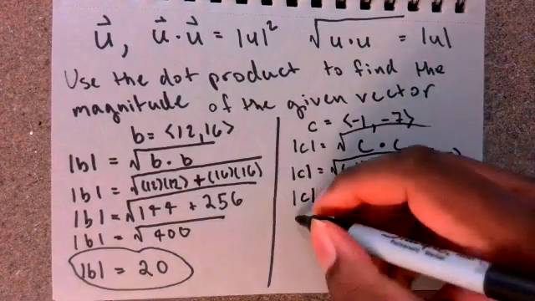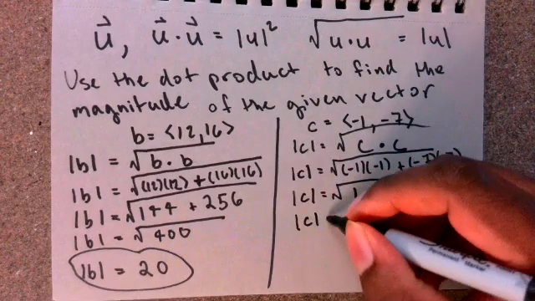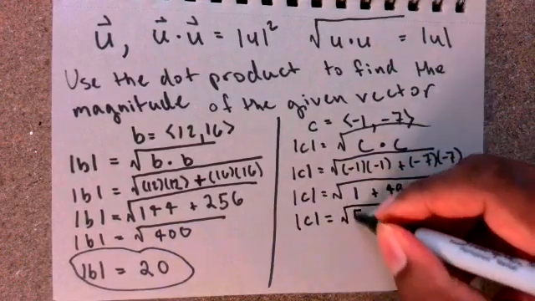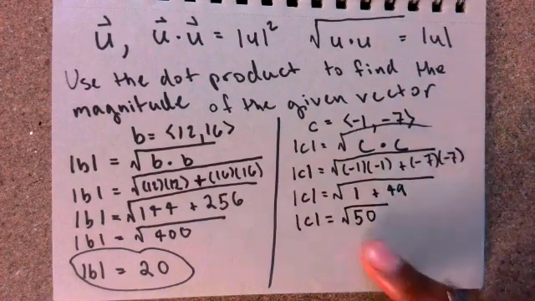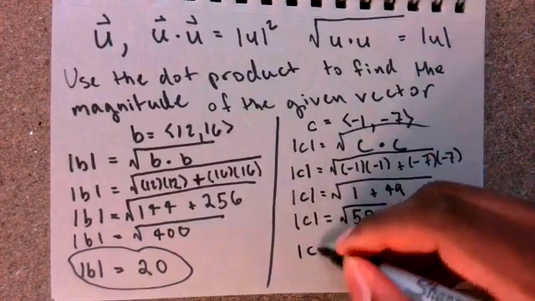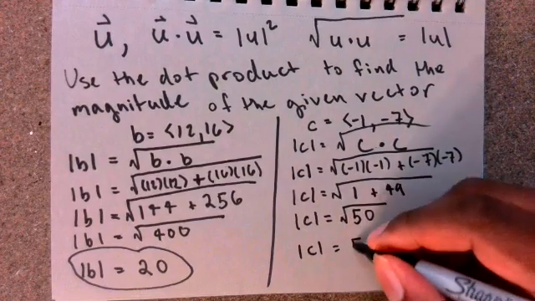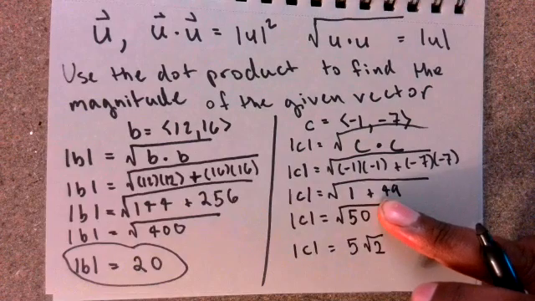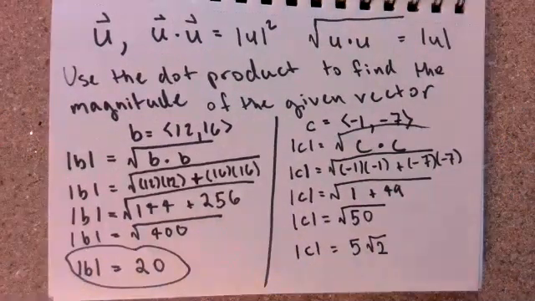Which means that the magnitude of c is going to be the square root of 50, which we can break down into 5 root 2, because this is 25 times 2, and the square root of 25 is 5. And this is our answer.